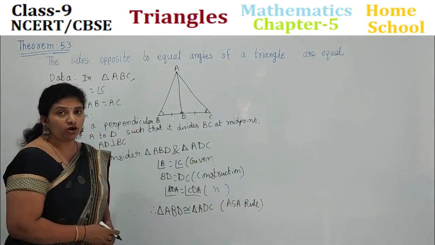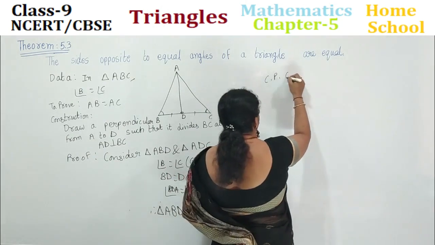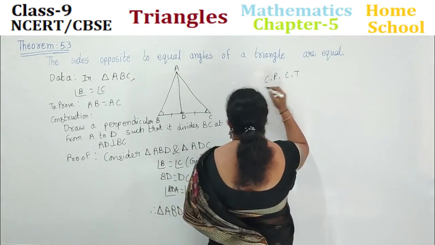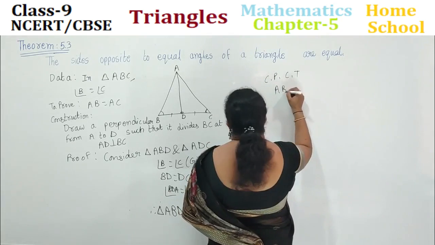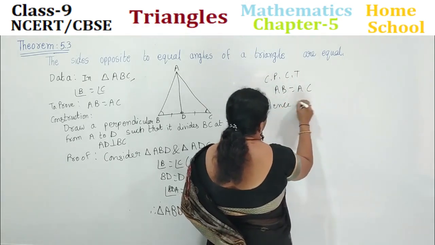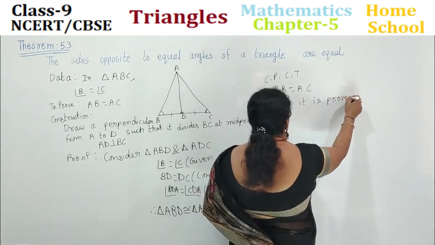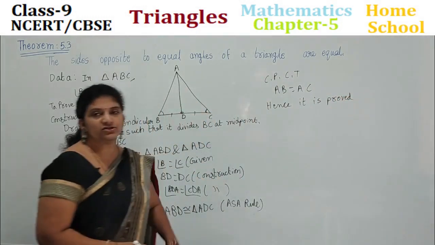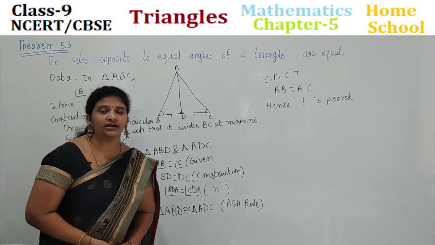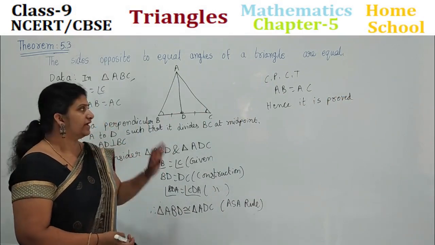If they are congruent, by CPCT, I can equate the other sides, that is AB equal to AC. Hence, it is proved. What it is proved, children? If two angles of a triangle are equal, prove that their opposite sides are equal. For that, what we have done?